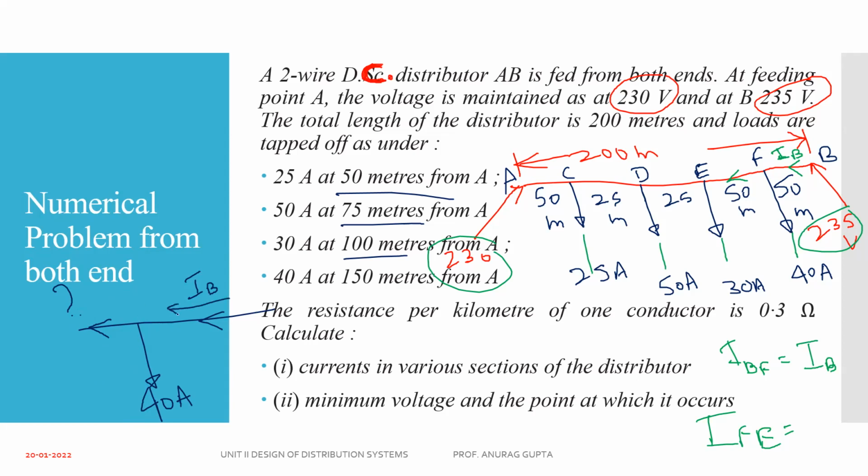I1 is the incoming current, and I2 I'm just tapping. So IB minus 40. In the next section, I'm tapping 30 ampere, so of course IB minus 70. Similarly, here it will be IB minus 40, here IB minus 70, here IB minus 120, and here IB minus 145. Clear?